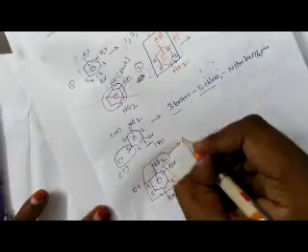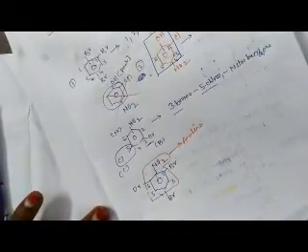It is an NH2 group, so 1 2 3 4 5 6. We already know that a benzene substituted with an NH2 group is called aniline.